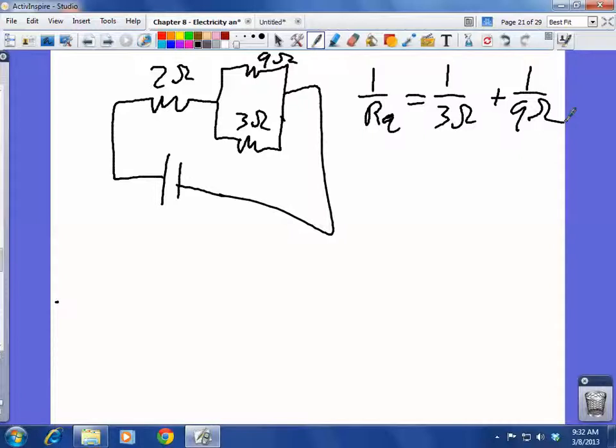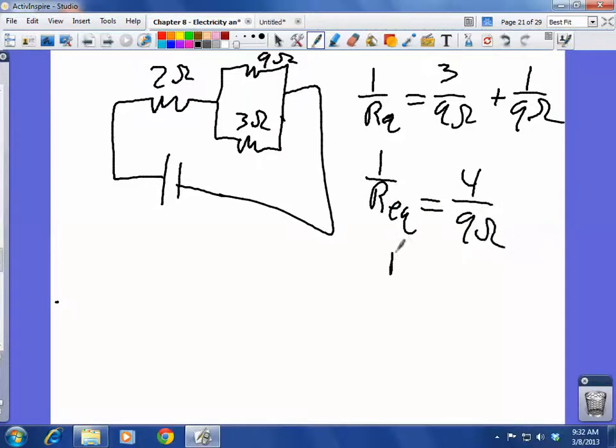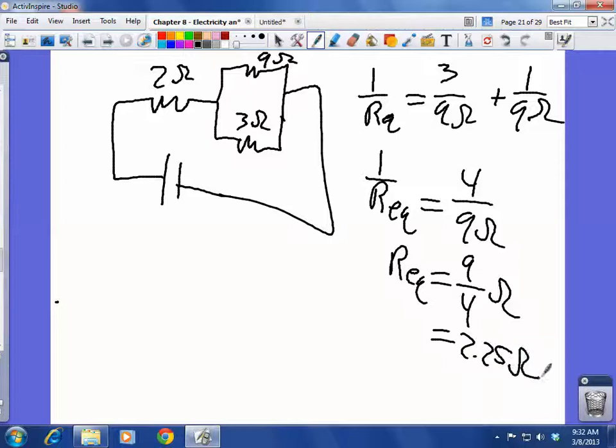In this case, our lowest common denominator is 9. So we have 3 over 9 plus 1 over 9. So 1 over our equivalent resistance is just going to be 4 over 9 ohms. So our equivalent resistance of this parallel part is just going to be 9/4 or about 2.25 ohms.